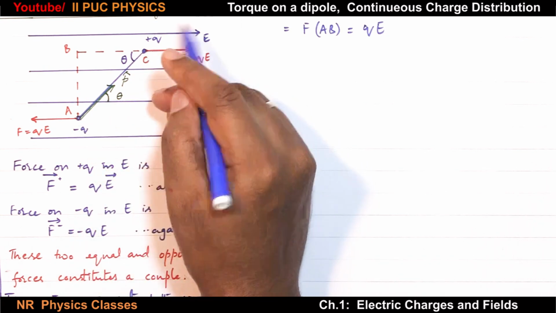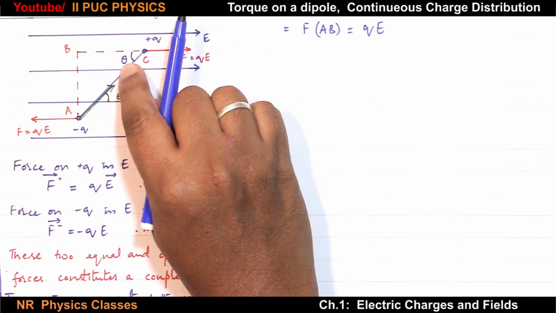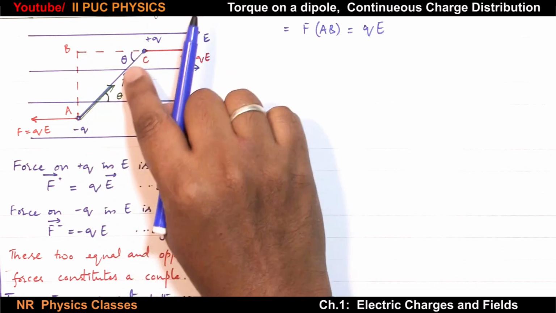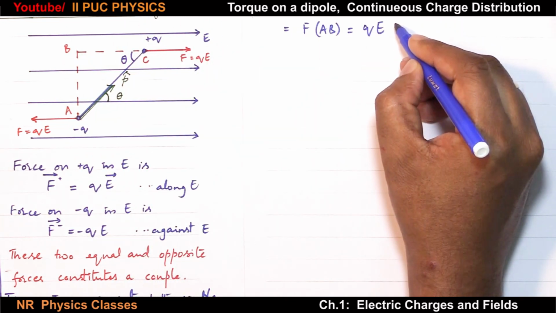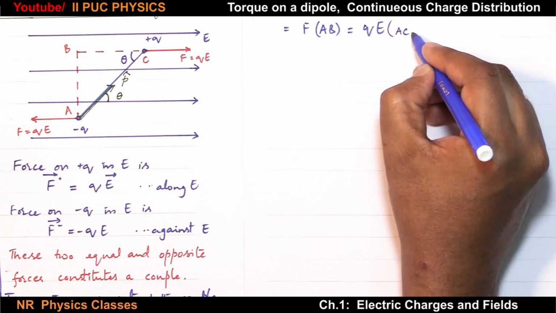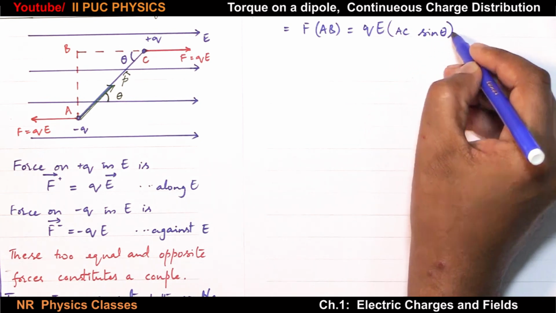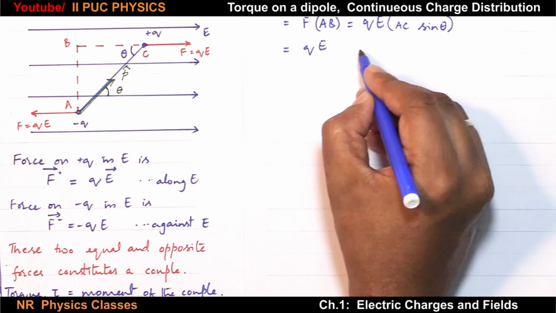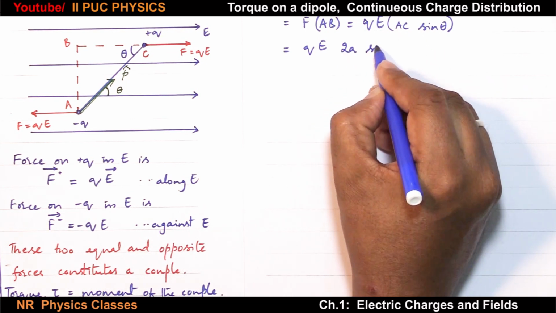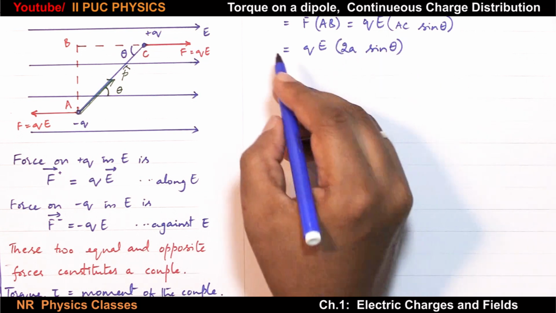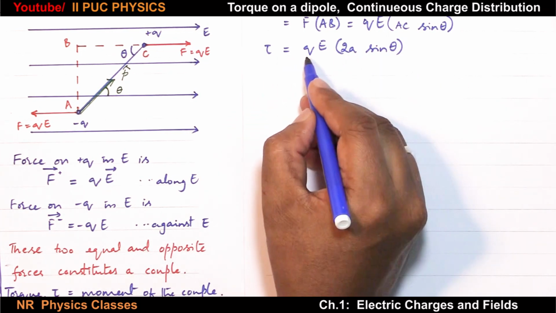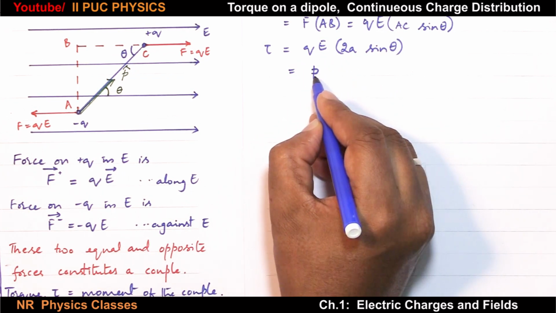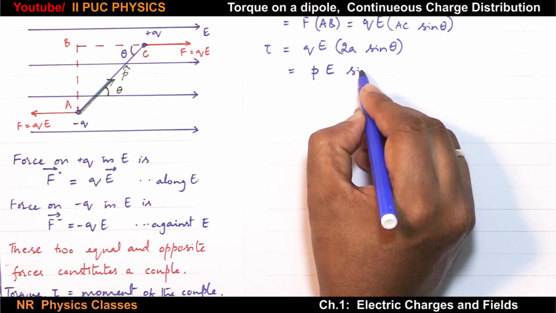Therefore, this is the opposite side for this theta. Opposite side over hypotenuse means sin theta. So AB is AC sin theta. Torque is Q into E into AC sin theta. AC is 2A, so Q into E into 2A into sin theta. This is the torque. Q into 2A is nothing but P, the magnitude of P. So torque is P E sin theta.